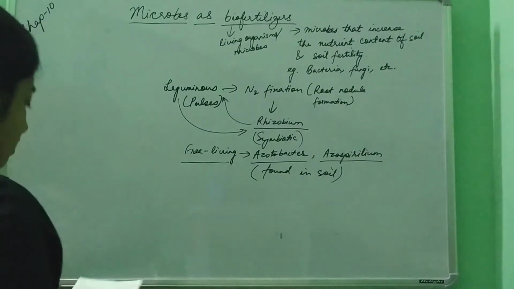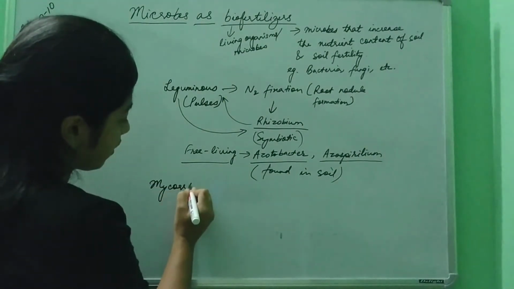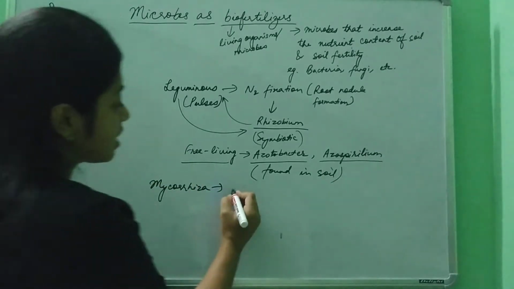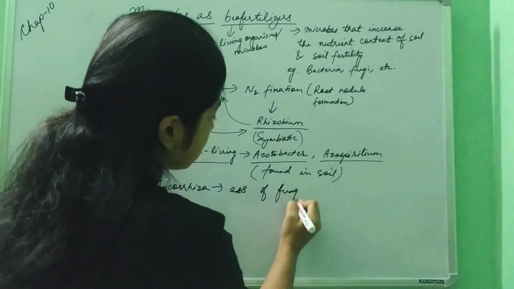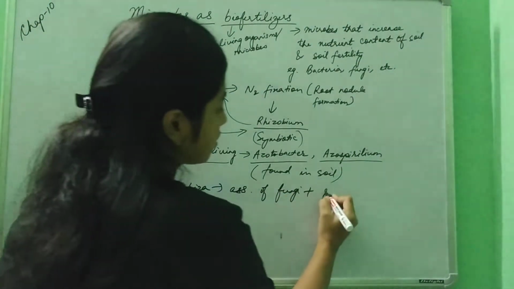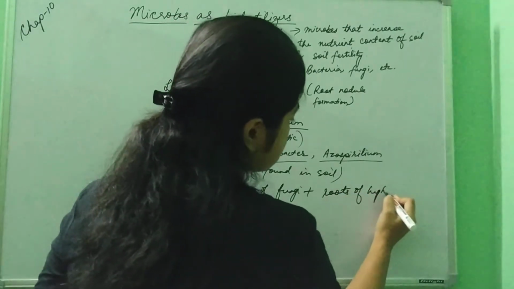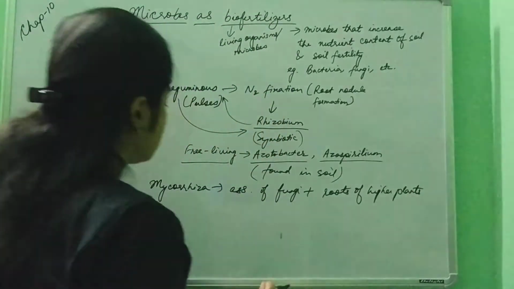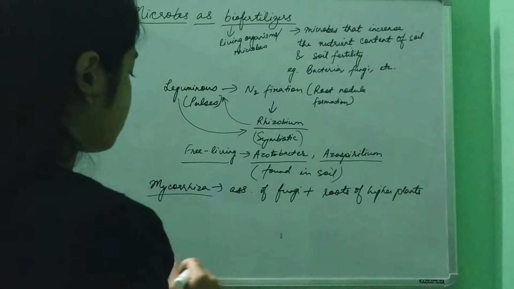Next, you have to know another example, which is mycorrhiza. This also you have studied before. This is the association of fungi with roots of higher plants. Okay, so this is also an example of biofertilizer.